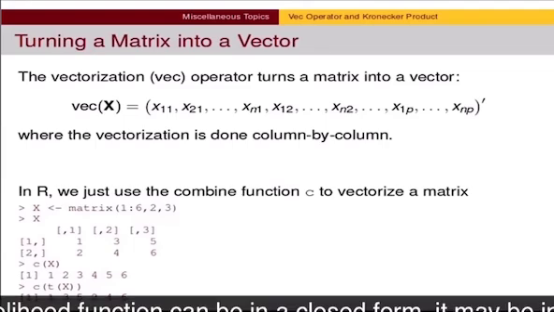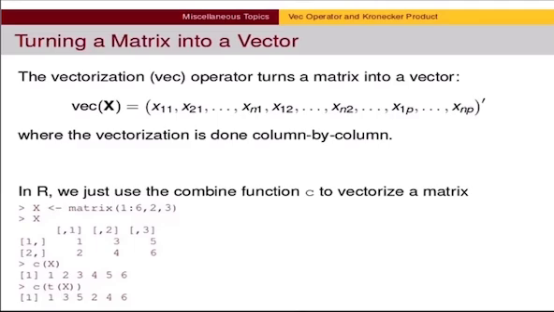A likelihood function can be in a closed form, or it may be in an open form. When it is in an open form, it is very difficult to undertake and may not be tractable. So vectorization will enable the likelihood function to be tractable.